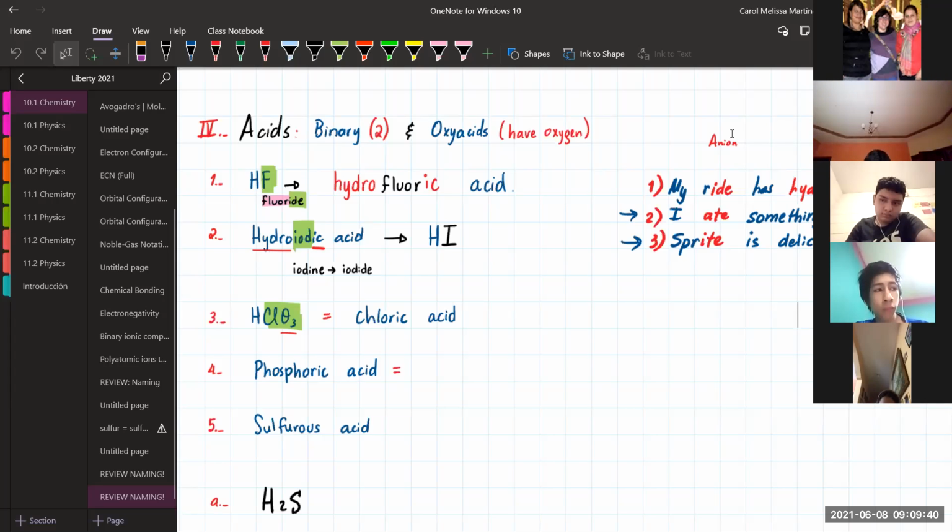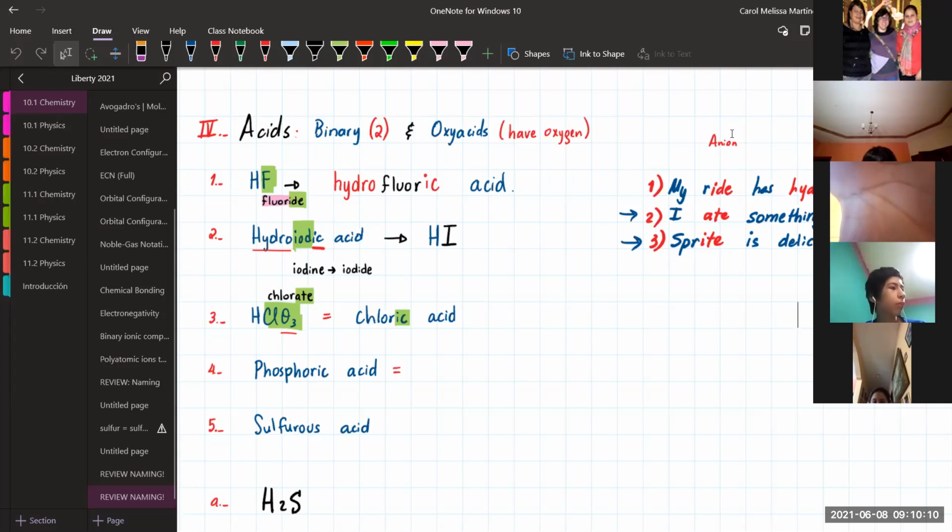Chlorate ends in ate, so ate will be replaced by ic. Remember, I ate something icky. So in the end, the name of this acid is going to be chloric acid. Chloric. Instead of chlorate, chloric.